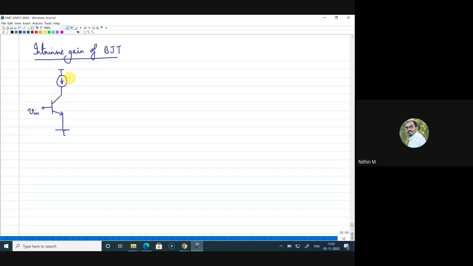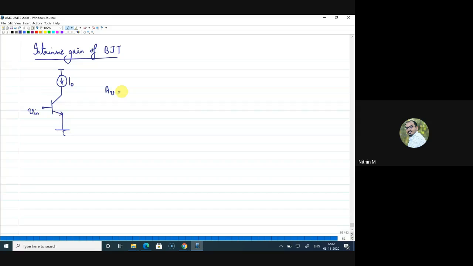An ideal current source offers infinite resistance. I will directly define the intrinsic gain here, and we will derive it soon after doing the common emitter amplifier configuration.